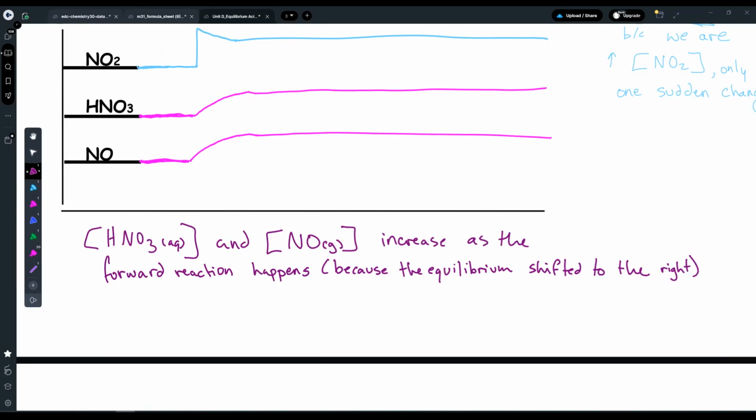Okay, so as the forward reaction happens, nitric acid and nitrogen monoxide are being produced.